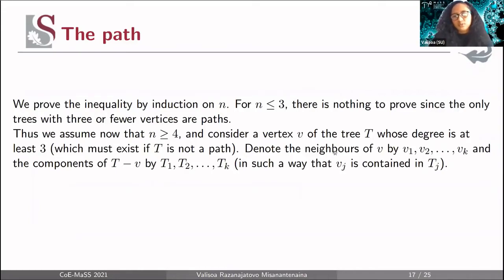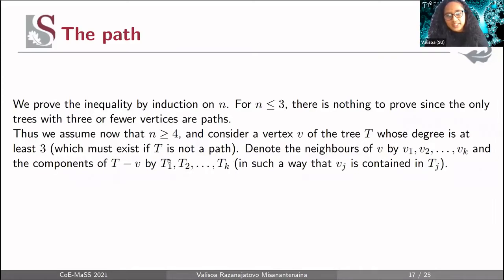Then we denote the neighbors of v by v1, v2, up to vk, and the components of T minus v. So we remove the vertex v, and then we have T1, T2, up to Tk.